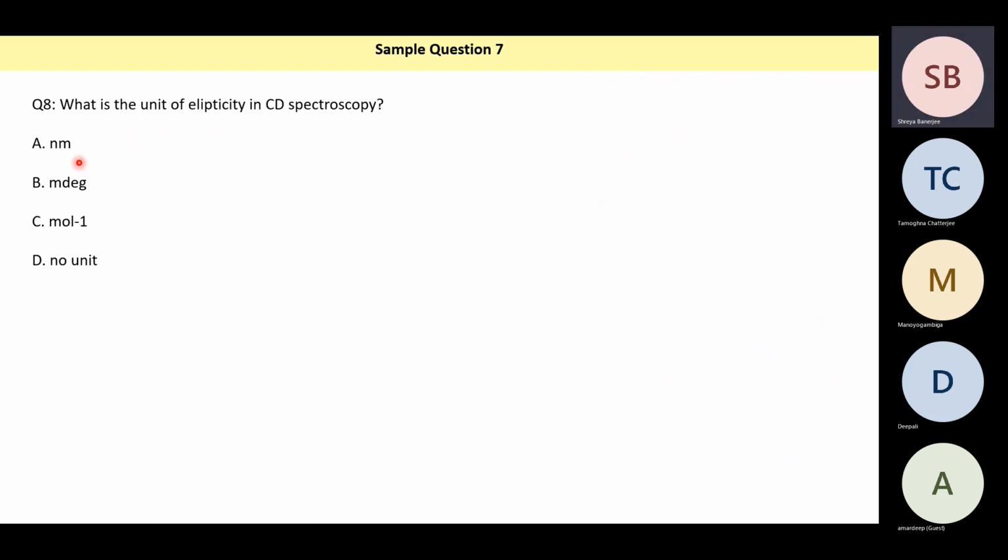Sample question 7 asks, what is the unit of ellipticity in CD spectroscopy? So the correct answer is B, millidegrees.